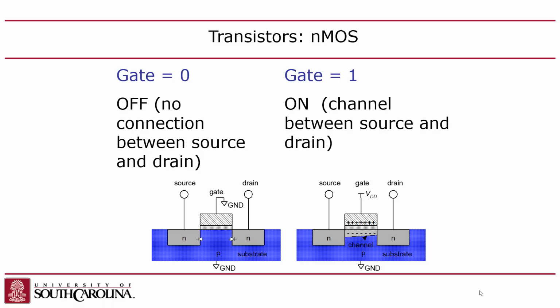Now, you can have a p-type, though, which is the opposite, where you basically just swap these, right? Oh, sorry, I'm only showing n-type. So that's an n-type, right?